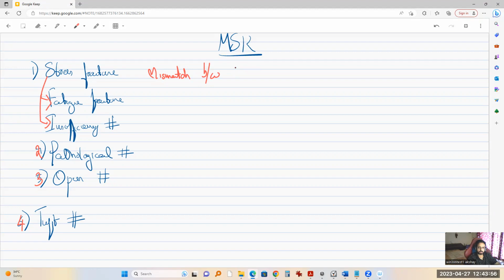There's a mismatch between bone strength and chronic stress. So the important thing is it's chronic stress, not acute stress. Okay. So either one of these things, either the bone strength or the chronic stress, will be abnormal.